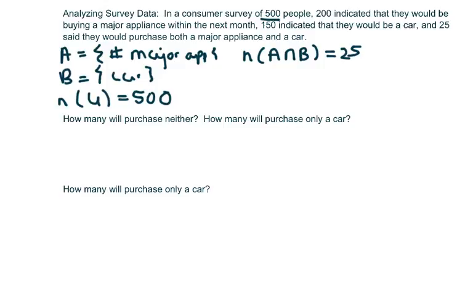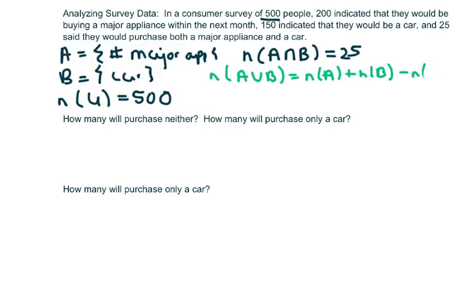So we first have to find, using the counting principle, the union of A and B, which is the number in A plus the number in B, as we did in the previous video, minus the ones that buy both. So we want the total number.